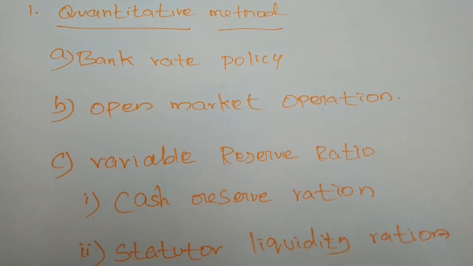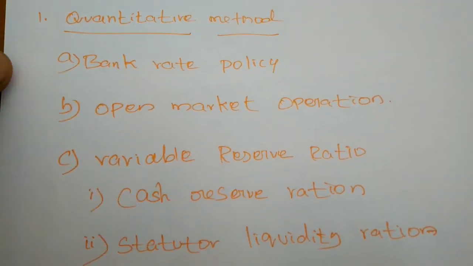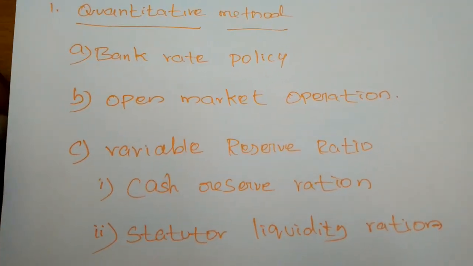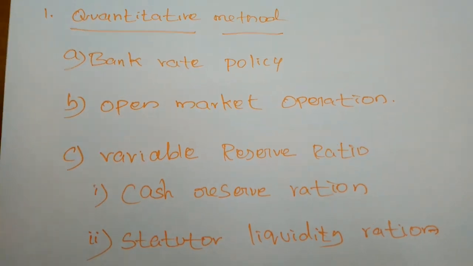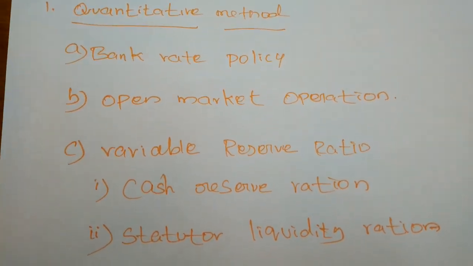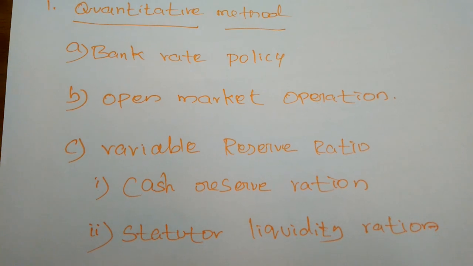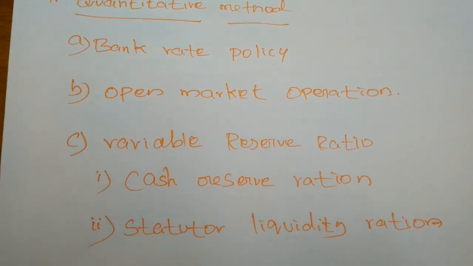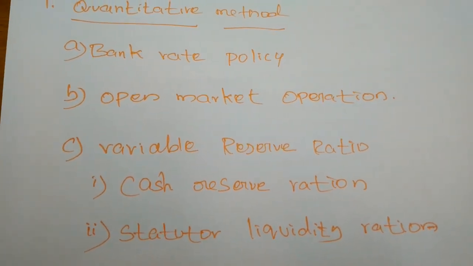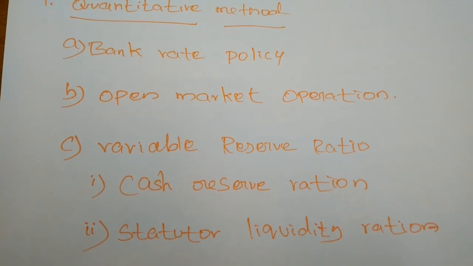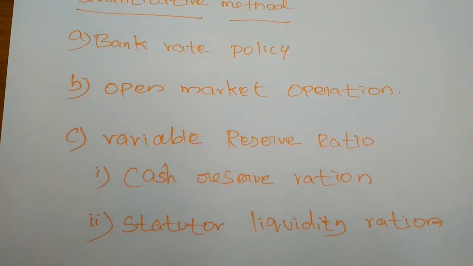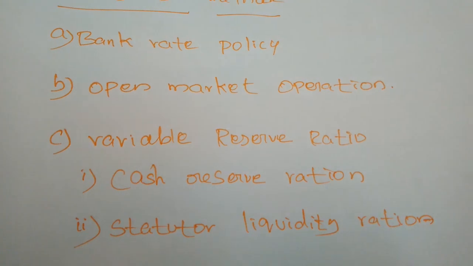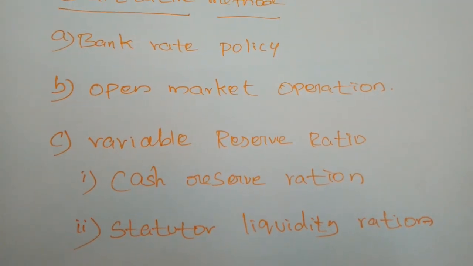Normally, in inflation time, the central bank will sell the securities. When it does so, the entrepreneurs and public also have to pay the amount to the central bank, and the money supply, the circulation of money among the public, will be reduced.